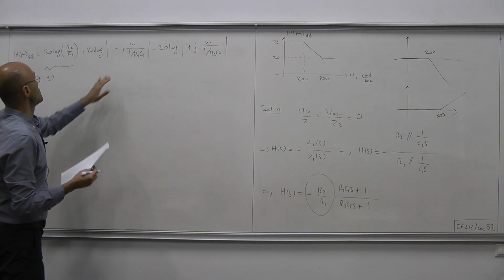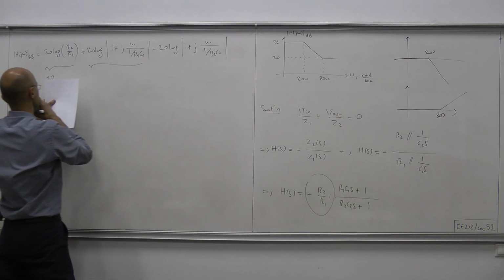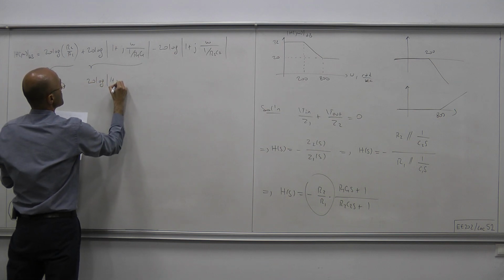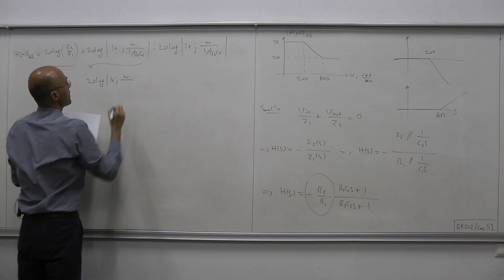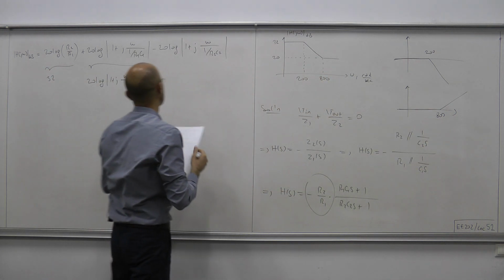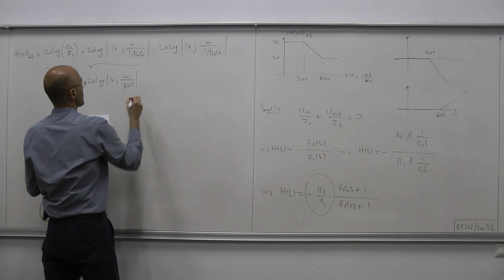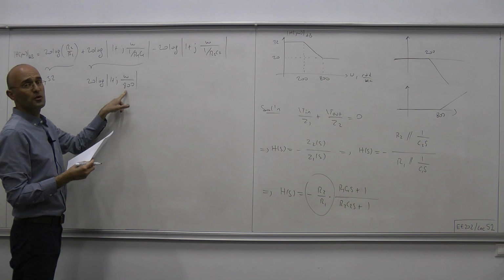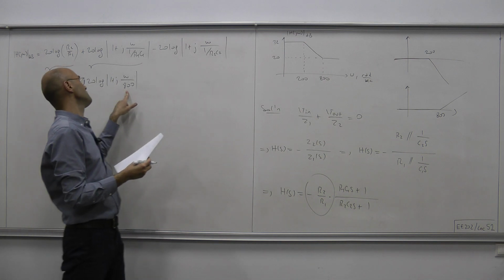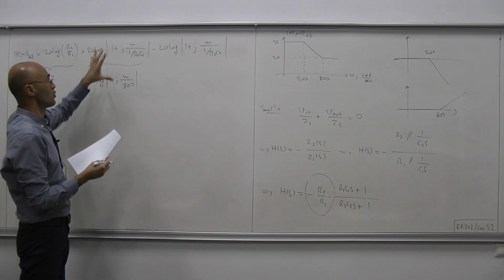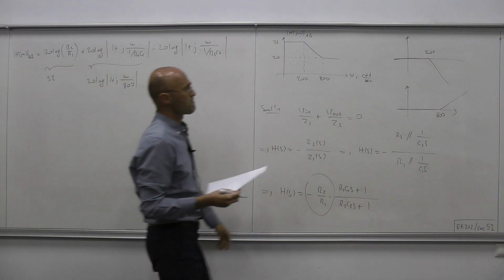Now, since the slope is positive for 800, that should correspond to this thing here, and we have 20 log 1 plus j omega over alpha, where alpha is 800. Once again, this is the 800. This corresponds to the pole at minus 800, because here the sign is positive, or this term appears in the numerator.